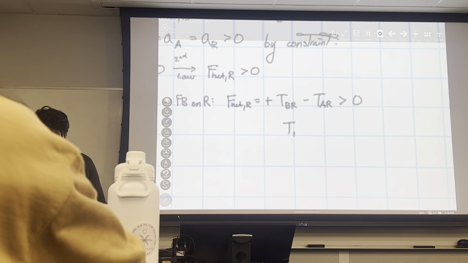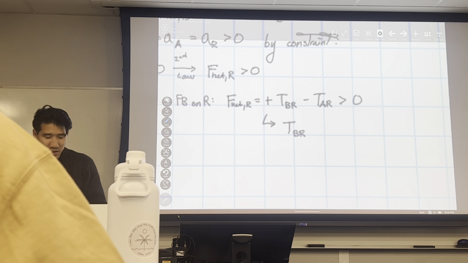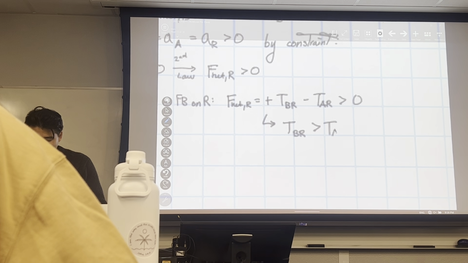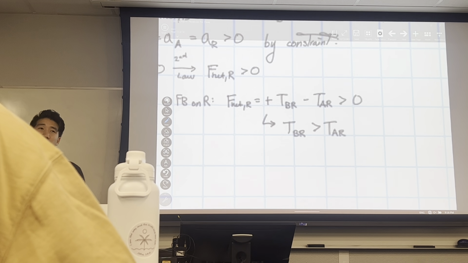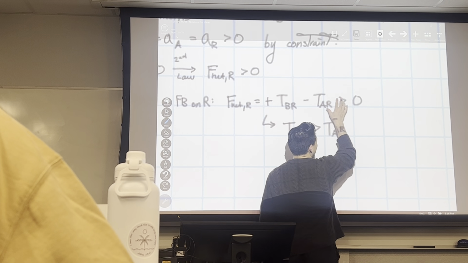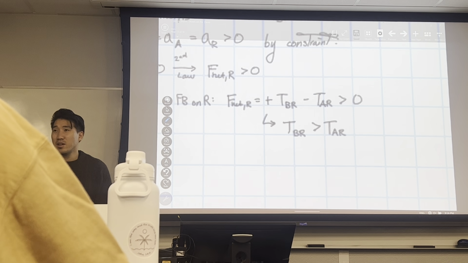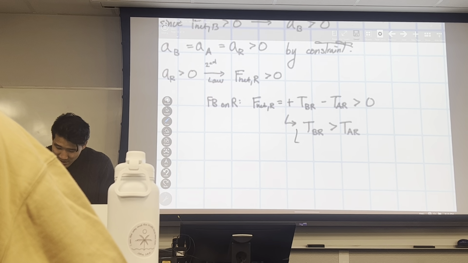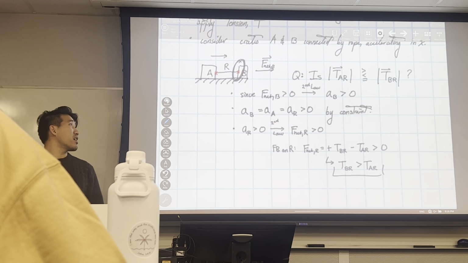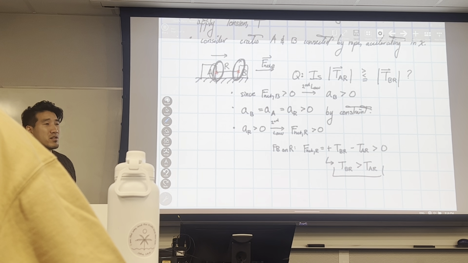Meaning, from here we can conclude that the tension of B onto the rope then has to be greater than the tension of A onto the rope. Right, all we did was we just moved this over here. So what does this tell us? This tells us that the tension here is much greater than the tension here.